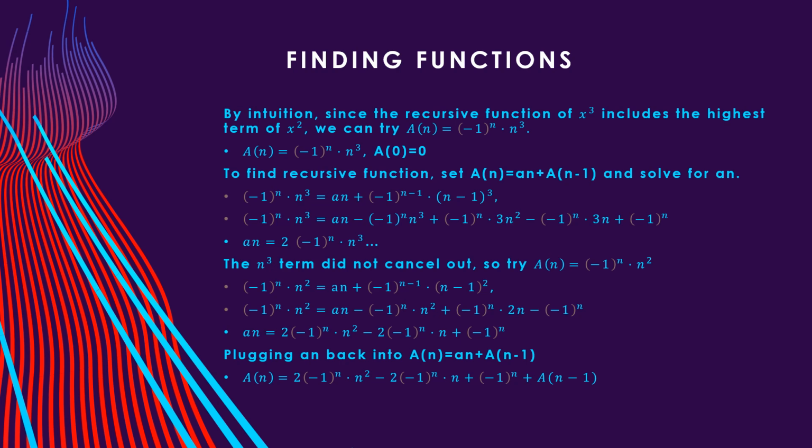Now you can plug in the closed forms for a of n, b of n, and so on, and simplify it. And this will give you an overall closed form for the recursive function that you are searching for the closed form of.